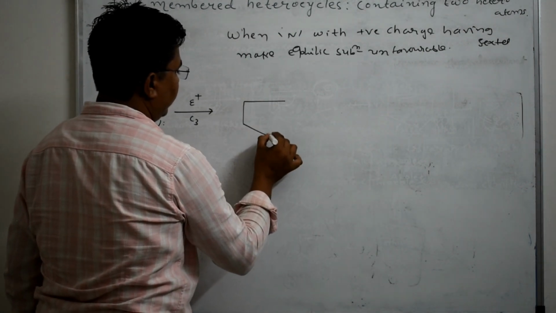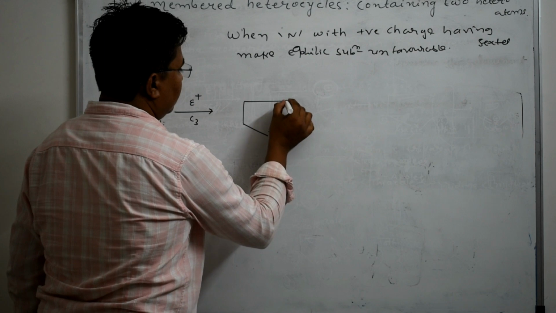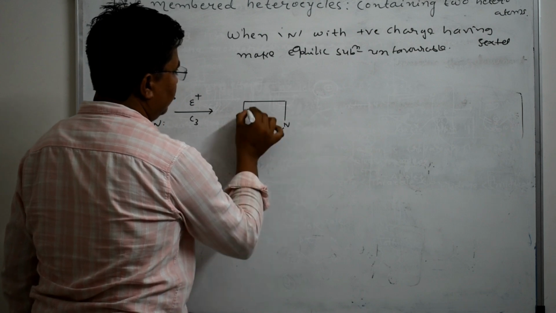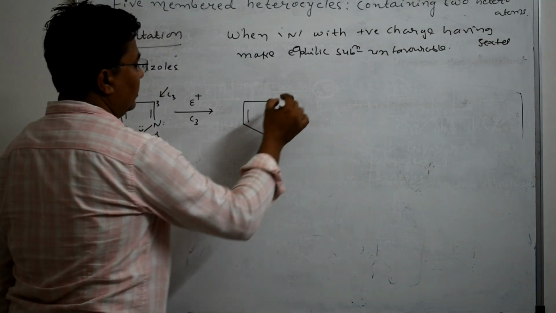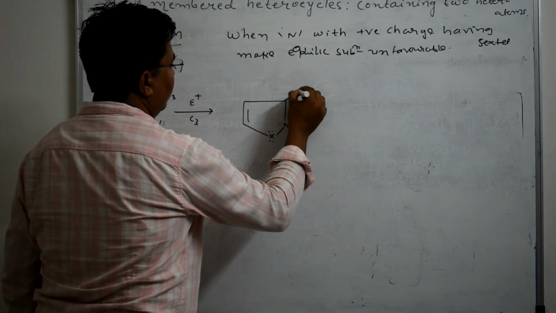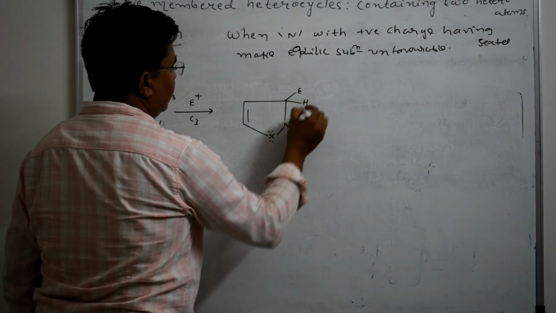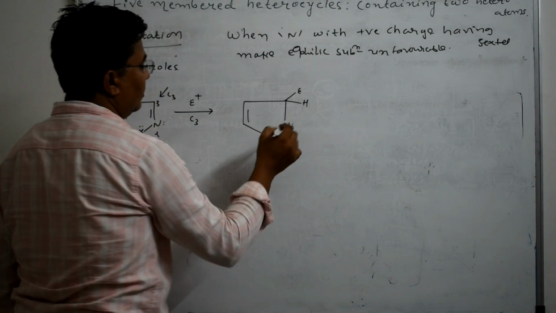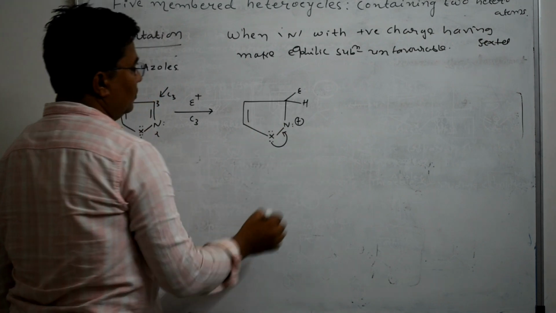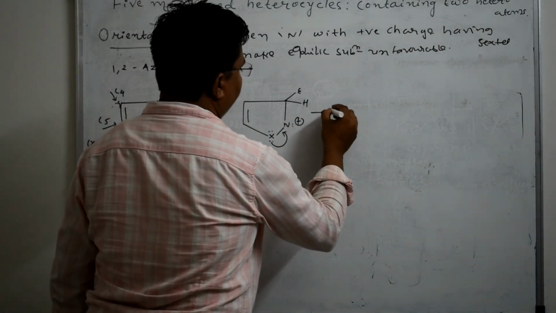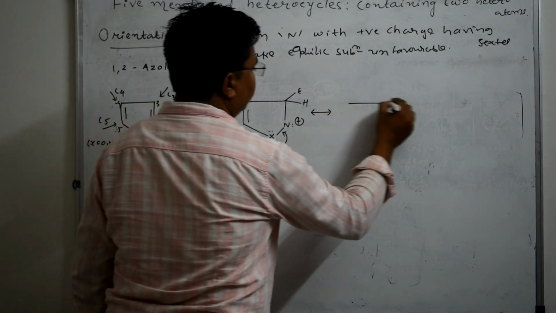So this is your X, this is nitrogen. So here the electrophile will attack. So this nitrogen will become positive charge. So your electron pair will be transferred over here.